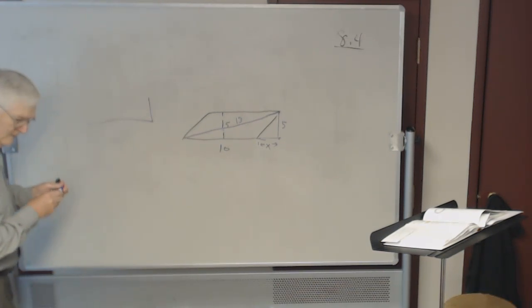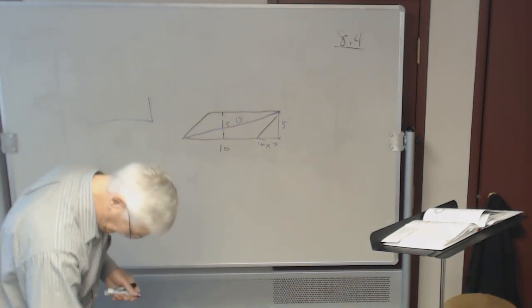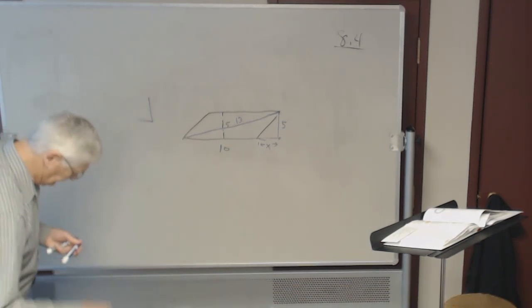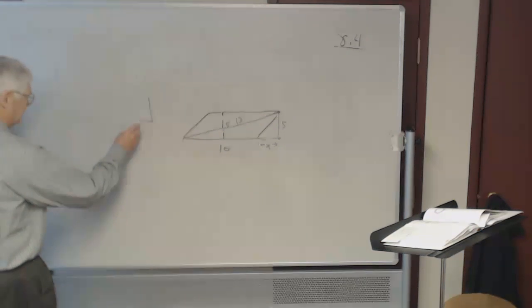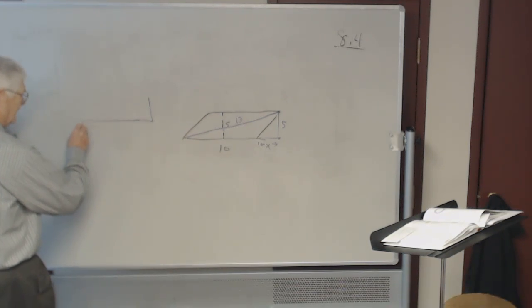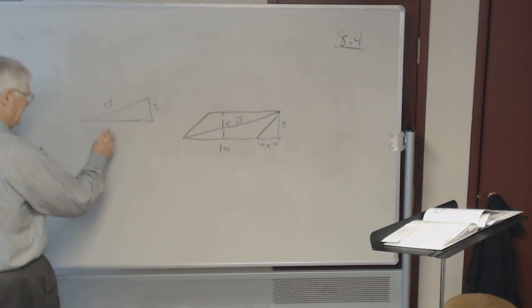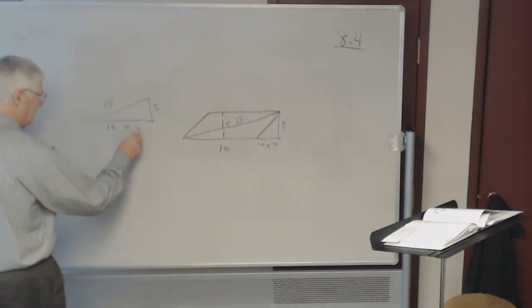Now, try to make your lines halfway straight. Okay, I'll work on it. So this is 13, this is 5, and this is 10 plus x.